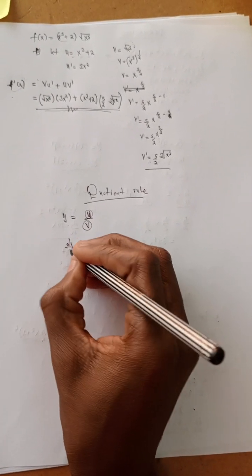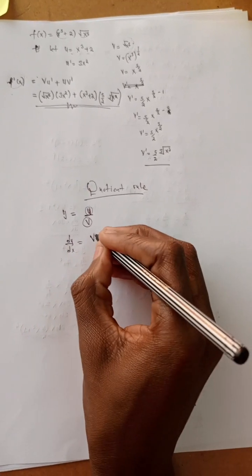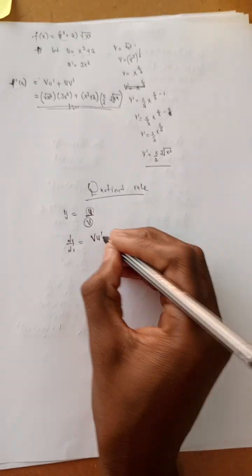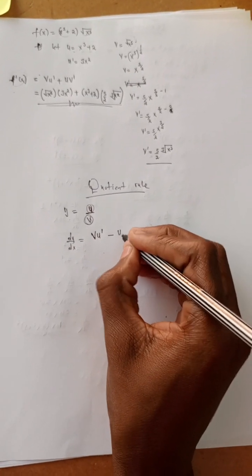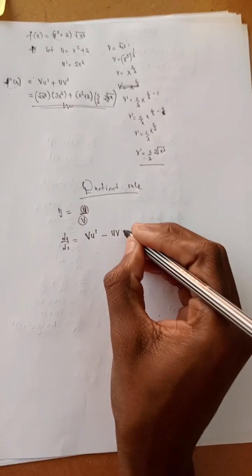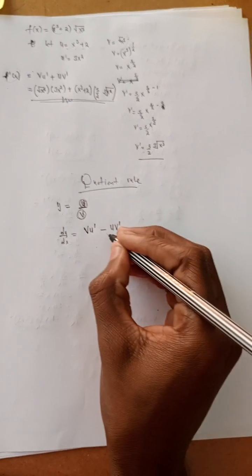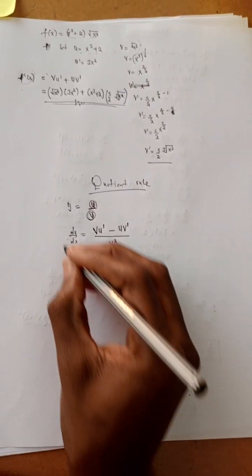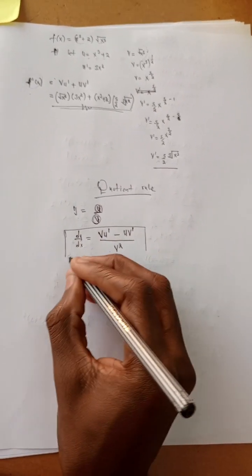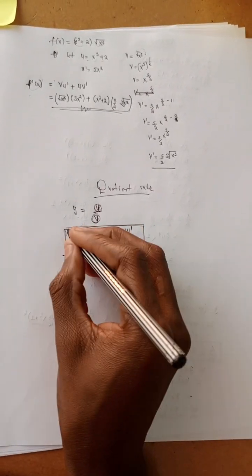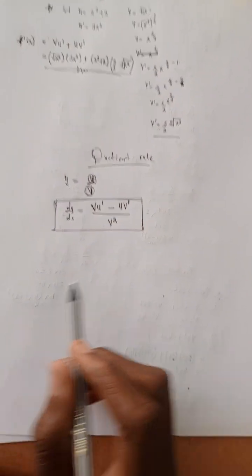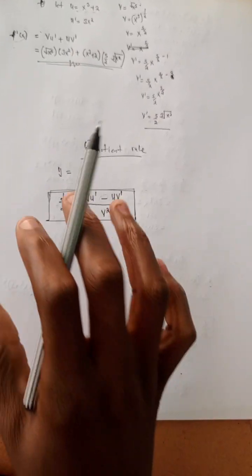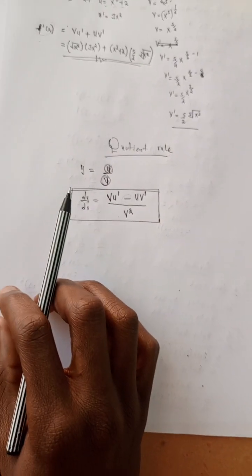The formula to use is dy dx is equals to v, the denominator, multiplied by u prime minus u, the numerator, multiplied by v prime, divided by the denominator squared. So this is the formula to use. You notice we have a minus sign here. So this is the quotient rule.